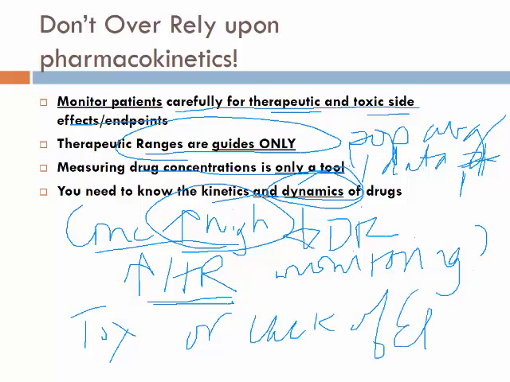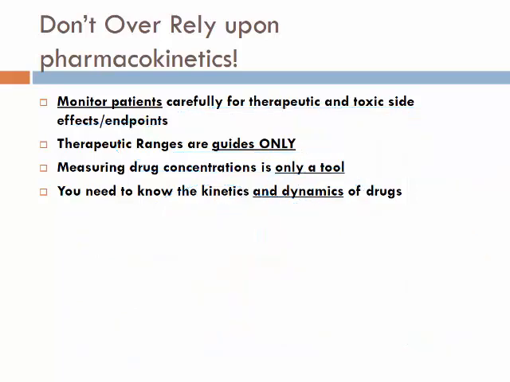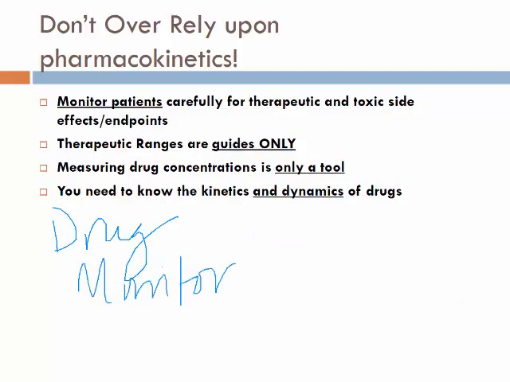I can tell you when I used to teach students in the hospital, one of the things I asked for every drug a patient was on that they were following, for every drug you need to know what to monitor for efficacy. So is it an antibiotic?